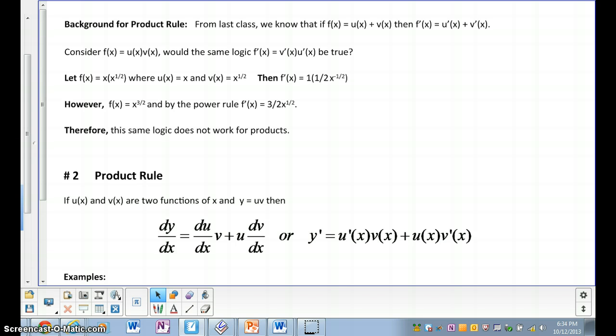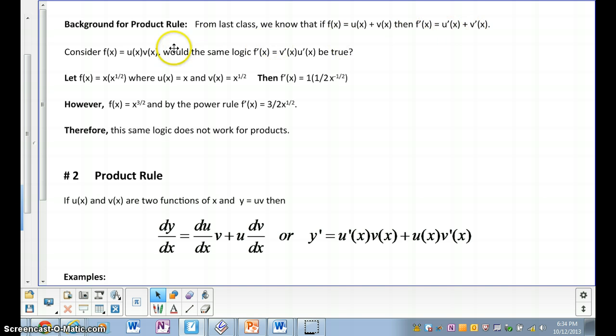From just some background knowledge on the product rule, we know from a previous class that if f of x equals u of x plus v of x, then the sum derivative is u prime of x plus v prime of x.